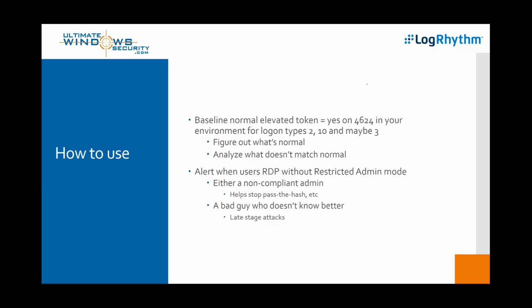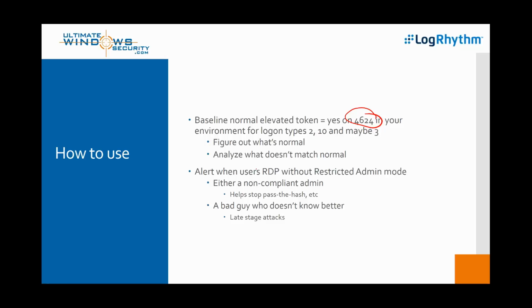Okay, so how to use these? Well, with all these, you want to start out by baselining your normal activities. So with 4624, go into your log management solution, do a query on 4624 where elevated token equals yes, and then see what's actually happening.